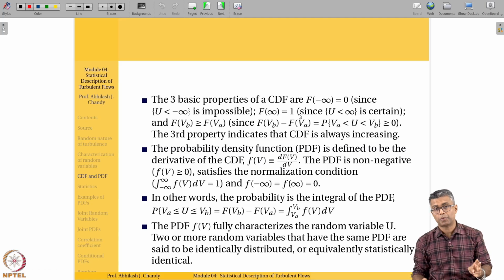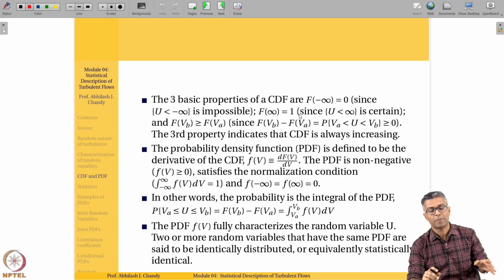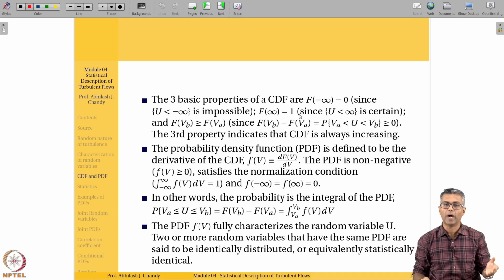So, three basic properties of the CDF. Let's start with the CDF: F of minus infinity is 0. Why? Because you cannot have a value less than minus infinity. That's the lowest value possible. So the probability of u less than minus infinity is impossible, so F of minus infinity is 0.